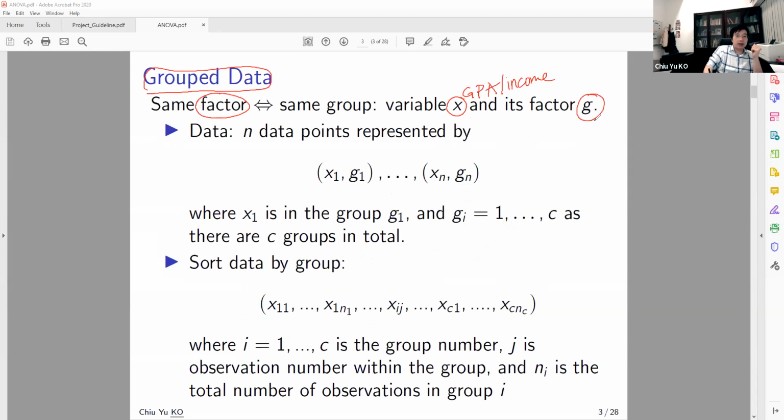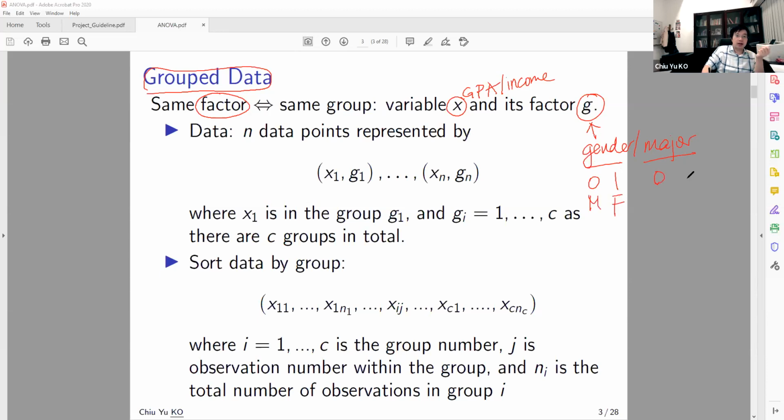Factor, usually, as I said, is gender or your major. And for factor, usually you have a variable, where you put gender as 0 is male, 1 is female, or vice versa. Major, you may put M or F, right?